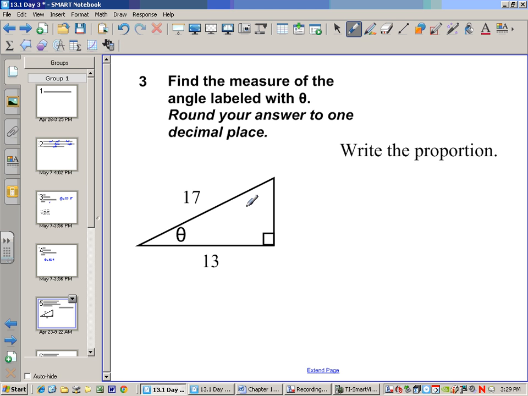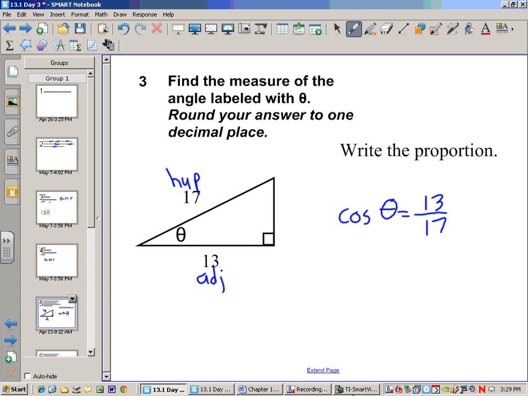All right, so if we're looking at triangles, in this case, we're trying to find this angle of a right triangle. So this side here would be the adjacent to that angle, and up here would be our hypotenuse. So to write out our proportion, adjacent over hypotenuse is cosine. So I would write the cosine of theta is equal to 13 over 17.